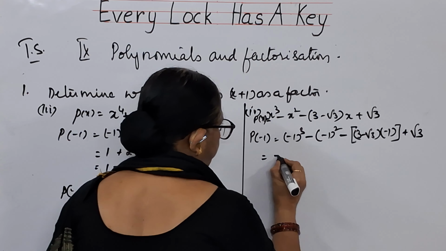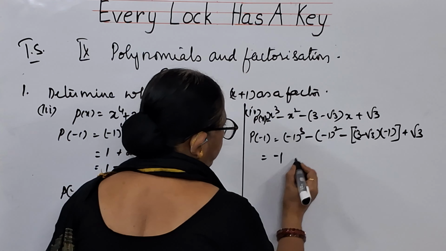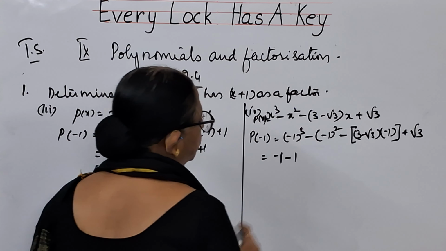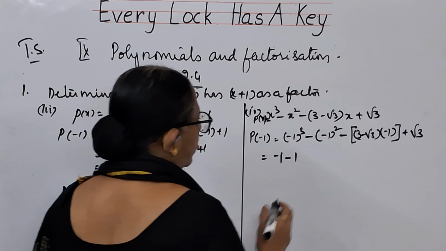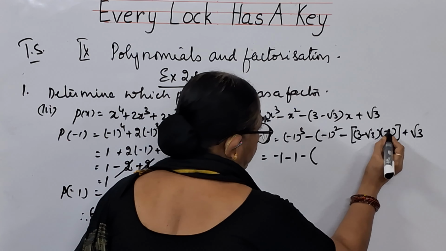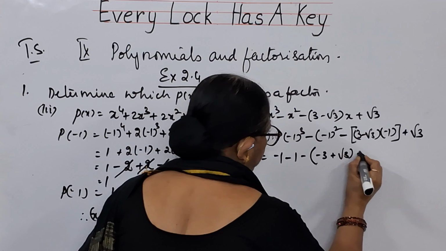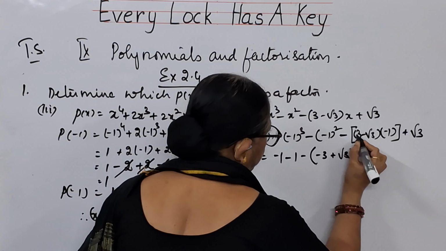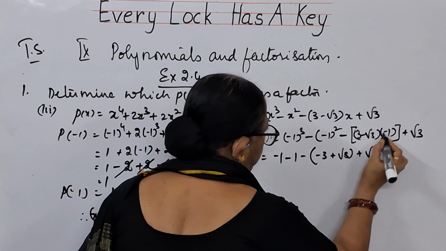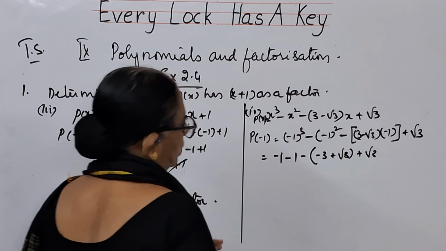This means minus 1, minus into minus, plus 1, into minus 1, minus 1. First let me multiply here: minus 3 plus root 3, plus root 3. Minus into plus is minus 3, minus into minus is plus root 3.